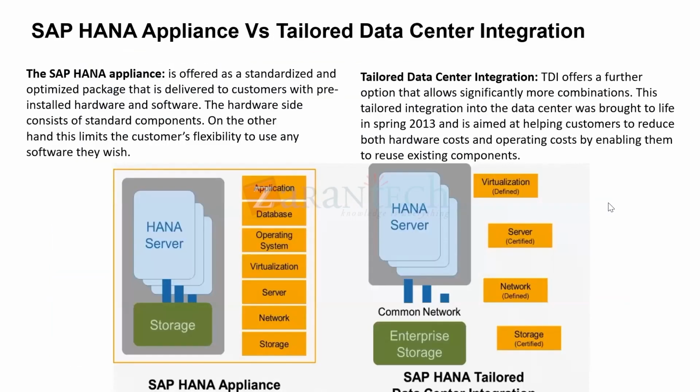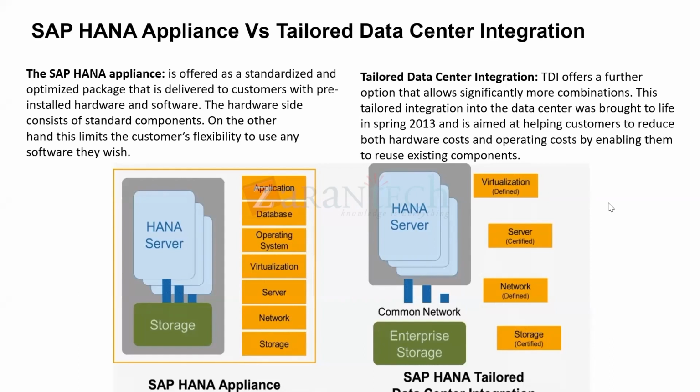Again, in HANA, we have the appliance versus the tailored data center. The HANA appliance is the standard HANA system given by the SAP partner vendor, whereas the tailored data center is tailored according to the business usage. In the HANA appliance, it's more like a generic system for all the clients.